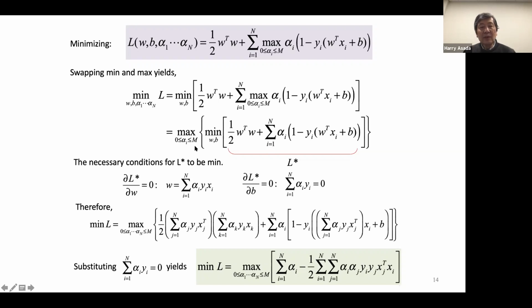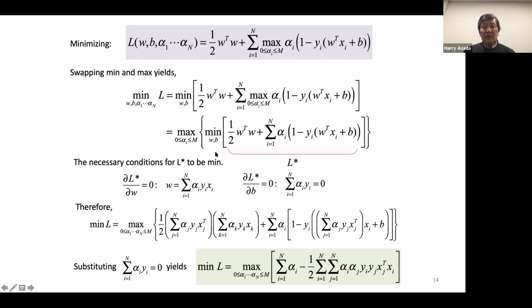You can further maximize that with respect to alpha. The key point is that you have to take this minimization for an arbitrary alpha. No matter what alpha you take here, this solution should be valid.